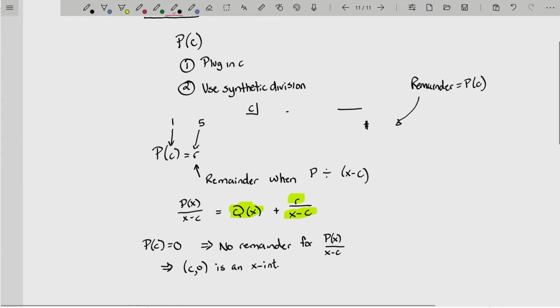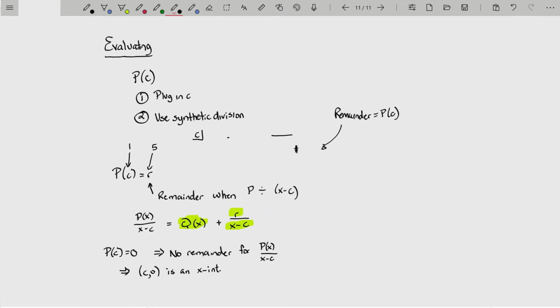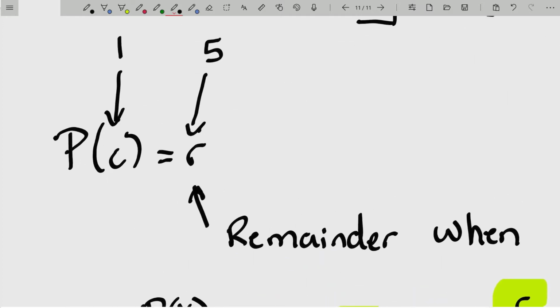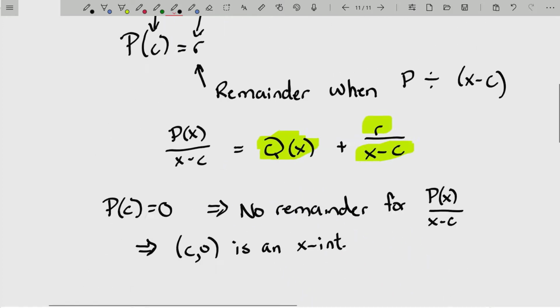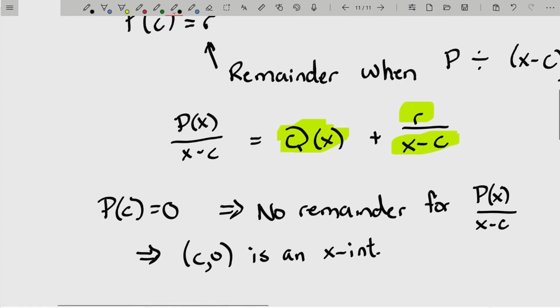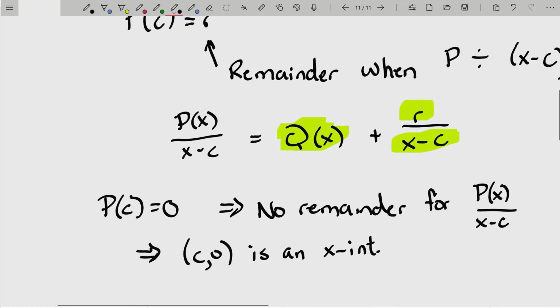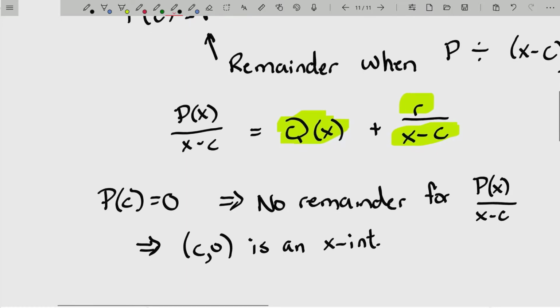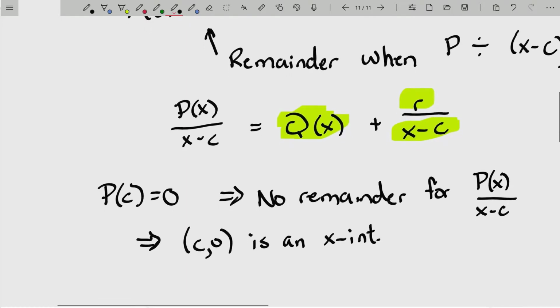So evaluations give you a lot of information. Again, to do an evaluation, you just plug in C, or you use synthetic division. The outputs of an evaluation tell you a remainder when dividing by X minus C. And if the output of your evaluation is 0, that means there's no remainder when you're dividing by X minus C, which also means that C comma 0 is an x-intercept. Anyway, basically the punchline is that using synthetic division to evaluate polynomials can lead to very handy information.